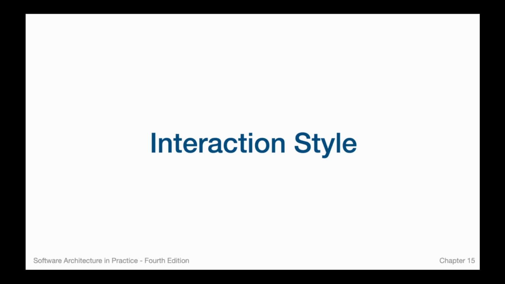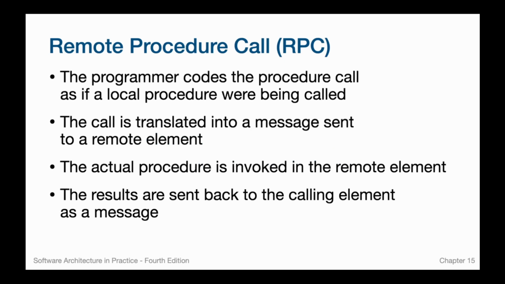So there's a lot of different ways you can have interaction styles. And the two that the book focuses on are RPC and REST. RPC, this is Remote Procedure Call, and this is modeled on procedure calls in imperative languages, except the called procedure is located elsewhere on the network.